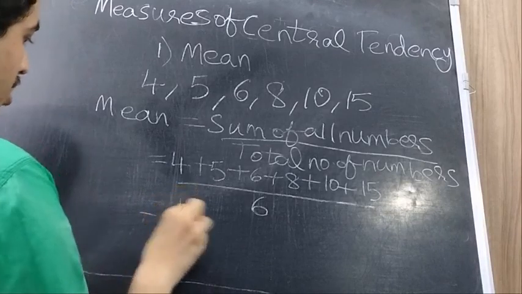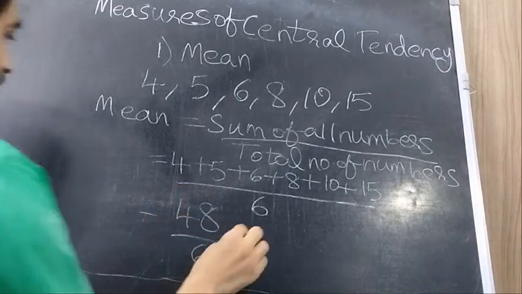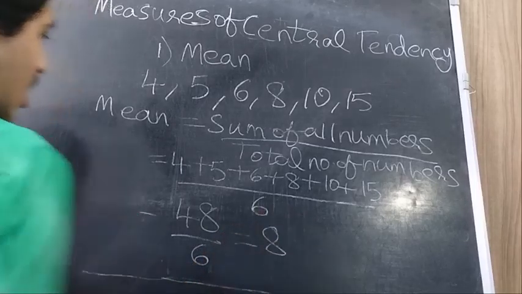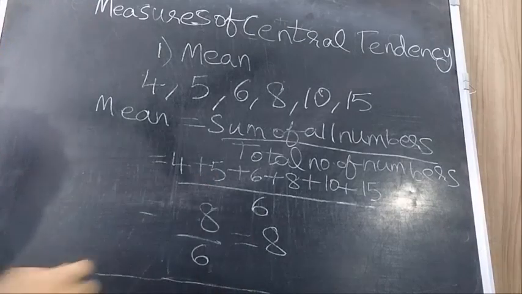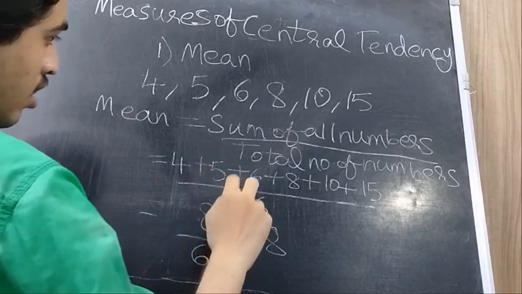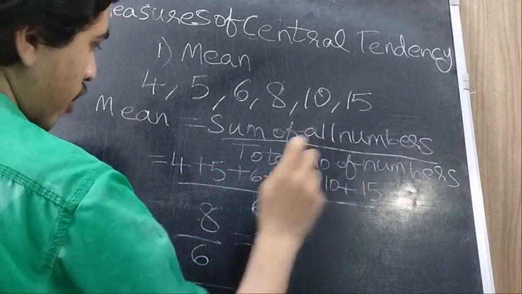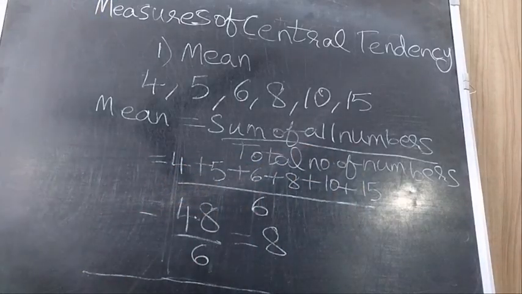You will get 48 by 6, that is equal to 8. So the mean in the ungrouped data is 8 here. Sorry, here 48, not 38. 4 plus 6 is 10, 10 plus 5 is 15, 15 plus 25 is 40, 48. 48 is correct only. 48 by 6 is equal to 8.